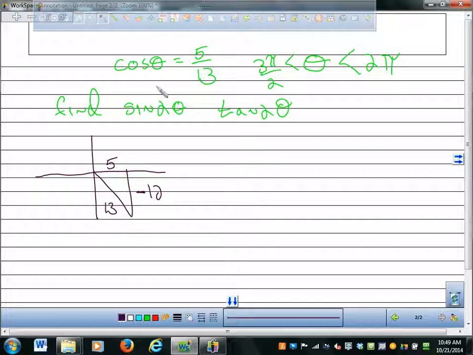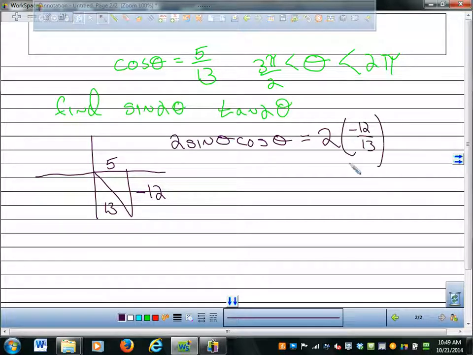Yes? Good. And so sine of 2 theta, you're just going to plug into the formula. Sine of 2 theta is 2 sine theta cosine theta, because you don't know what the sine of 2 theta is, but you know what the sine of theta and the cosine of theta are. And you plug into the formula. Sine of theta is negative 12 over 13.